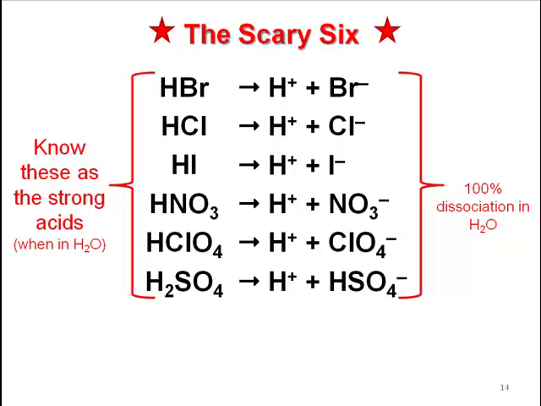They're all strong acids. Because of the 100% dissociation in water, now all you need to know is the actual formula of this, and you know if they dissociate, it dissociates into hydrogen and the anion. Six. And then number 7, your HSO4.